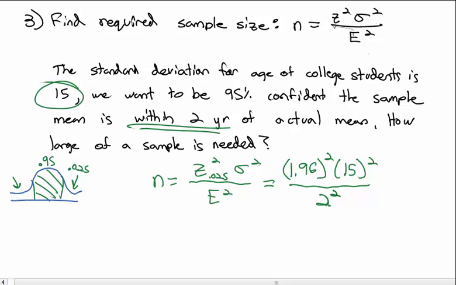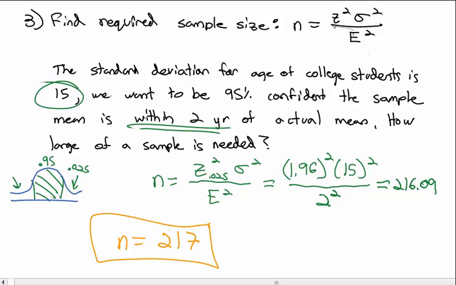So on our calculator, 1.96 squared times 15 squared divided by 2 squared, we get 216.09. Now we want to be careful with rounding, though, because 216, yes, it rounds down to 216, but that's not enough people to get the actual confidence we want. So we need to go up and say we need to interview 217 to be within 2 years of the actual mean.